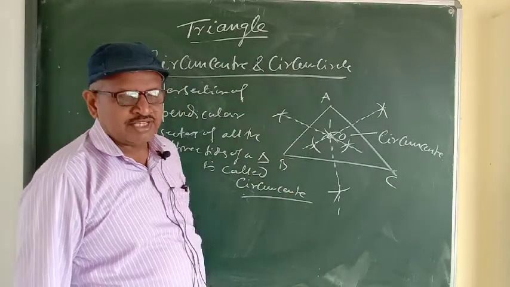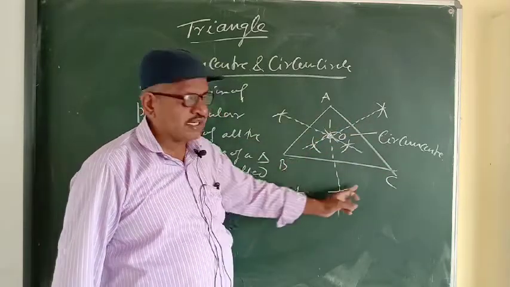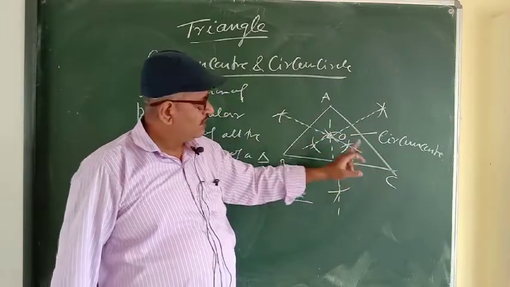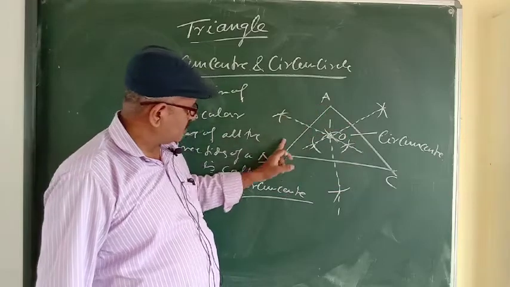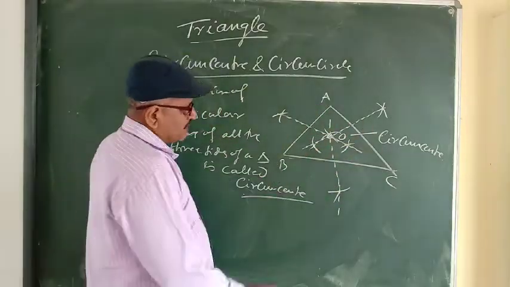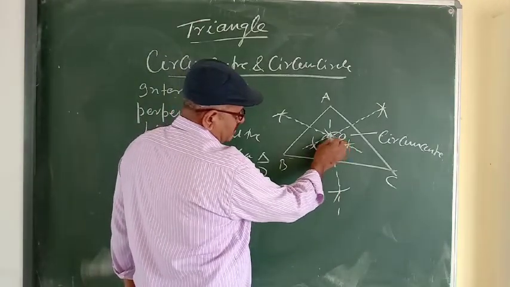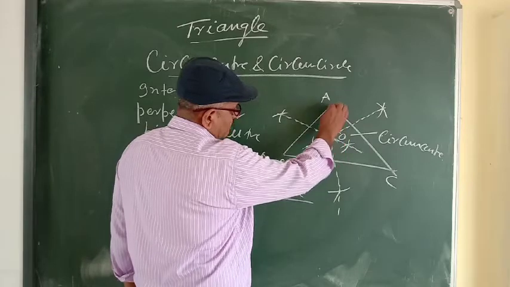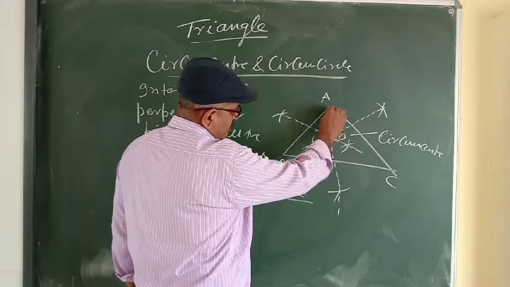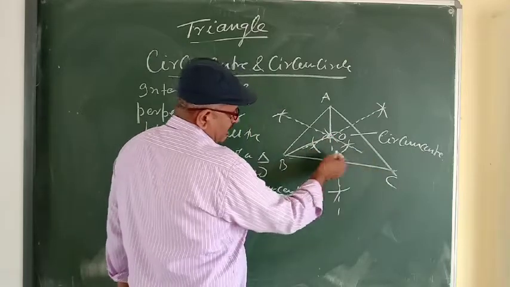Now what is circumcircle? A circle which passes through all the three vertices of the triangle is called circumcircle. We will join O to A, or O to B, or O to C. All are equal.